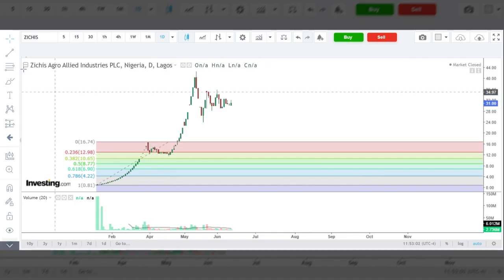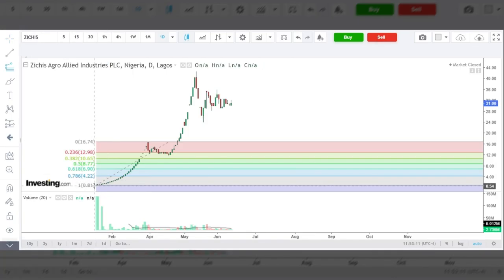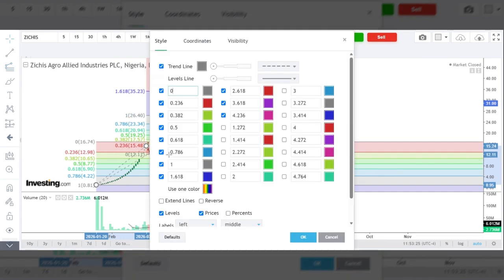Wave 3 should ideally be more than 1.618. So this is where wave one stopped, and wave two stopped here. Let's extend this line.